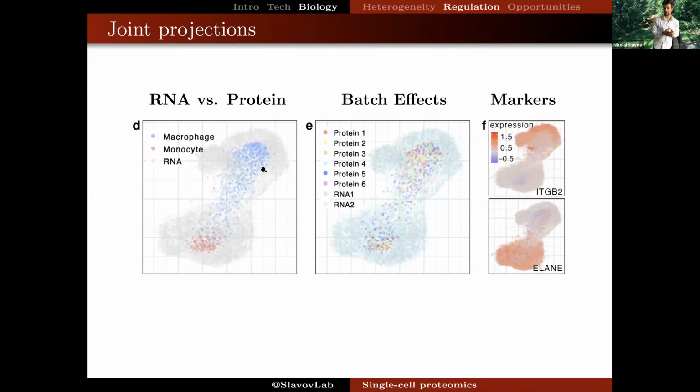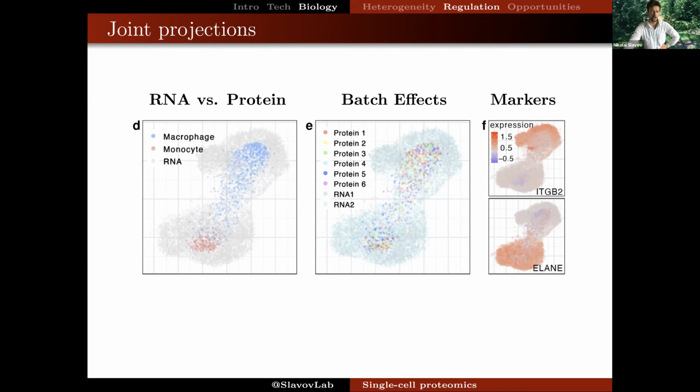We tried using methods for joint dataset analysis, originally developed for RNA sequencing datasets, but now used to combine the protein and the RNA dataset. And in this particular case, we used CONOS, developed by the lab of Peter Kharchenko, to do a joint low-dimensional projection. So in this case, we see that the cells analyzed by mass spectrometry are labeled in blue and red, correspondingly for macrophages and monocytes, while the cells analyzed by 10x Genomics are in gray.